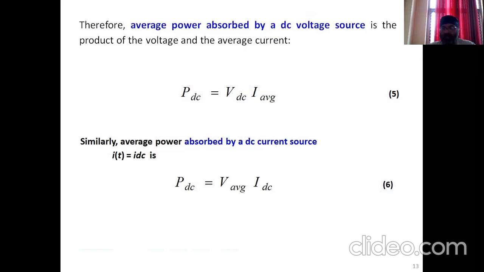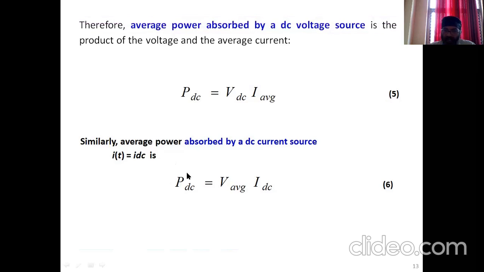Or what is the average power received at the rectifier output? We have a VDC, meaning we get a DC voltage at the output of a rectifier, but the current keeps on changing. So we get the average value of current, and by getting the average value of current, we multiply it with the DC value of the voltage at the output of a rectifier, which can be used as a DC voltage source. We get a DC power.